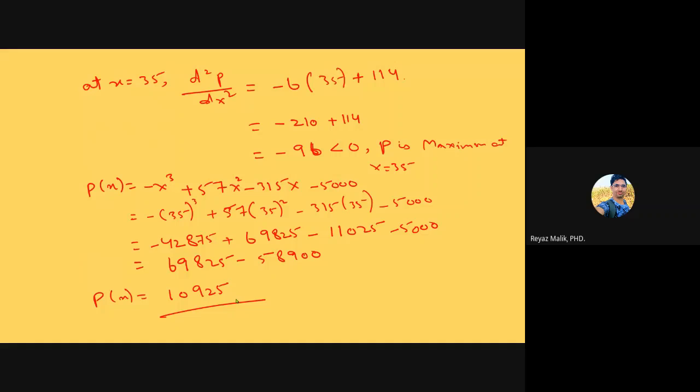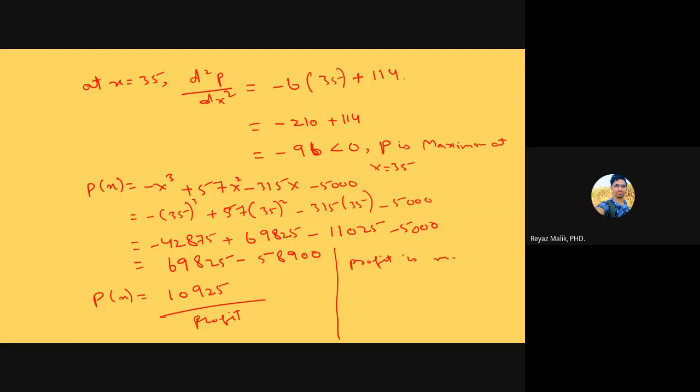Got it? So what is the solution? Only one line I will write. Please bear with me. This is profit. So how do we write it?